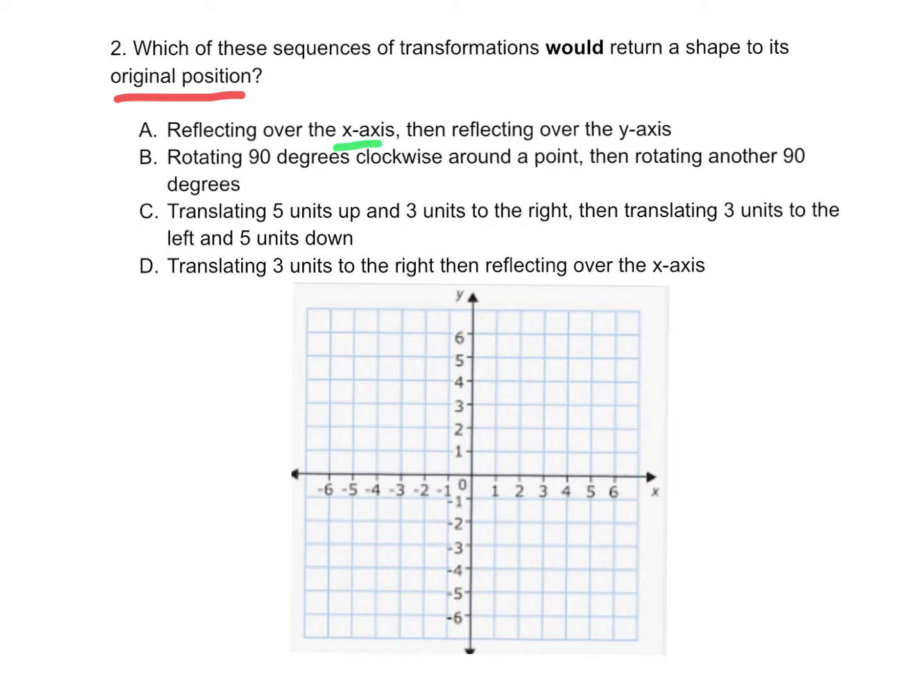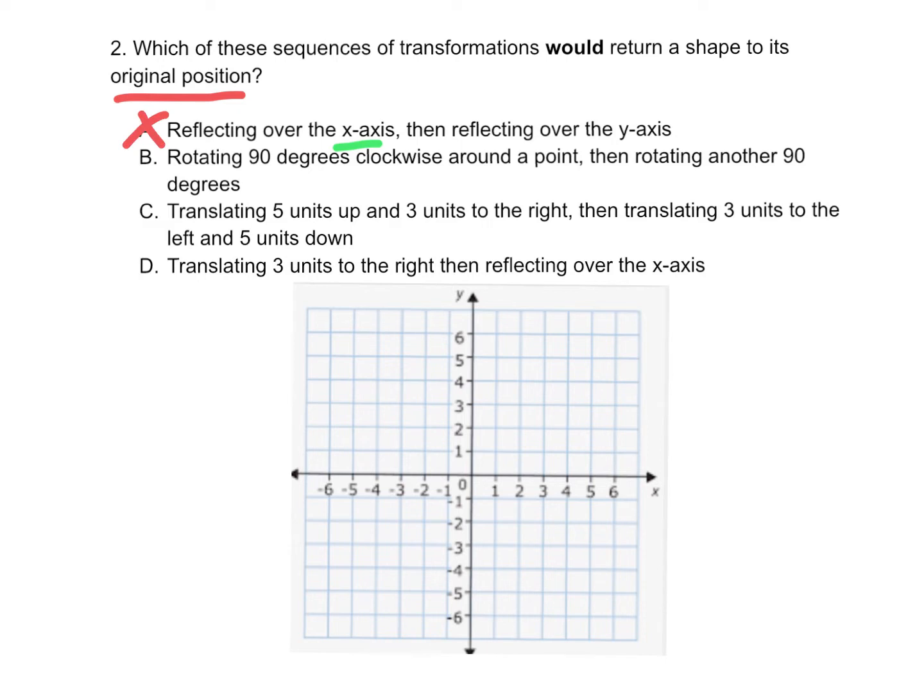That would bring it down here. And then I reflect that over the y-axis. That would bring it over to here. You can see that does not bring it back to its original position. So it cannot be A.